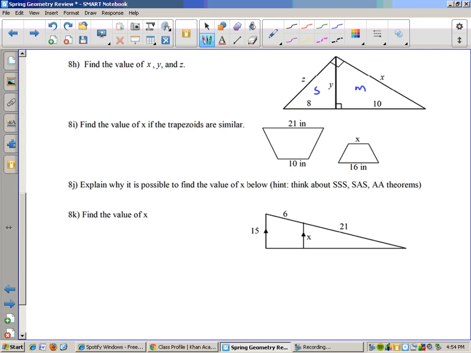Let us start with two things we can compare. It looks like I can compare and start with Y. Y is shared by both the small and the medium triangle. Now, in the medium triangle, here's the way I normally do this. I will go around and say, look, this is the short, this is the long, and this is the hypotenuse.